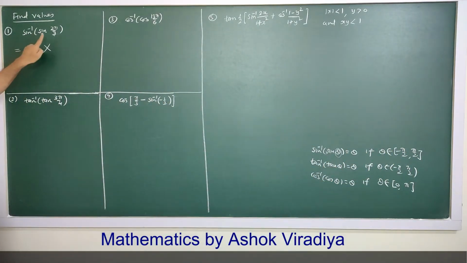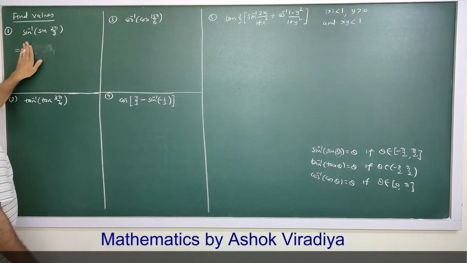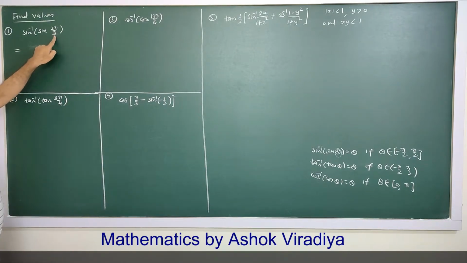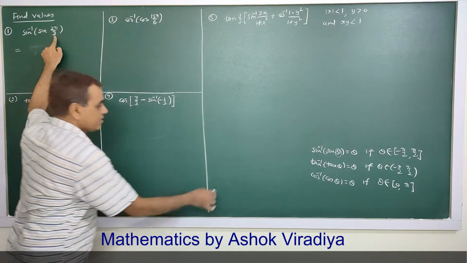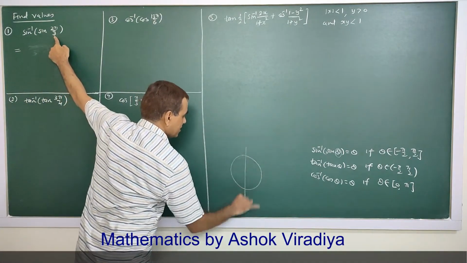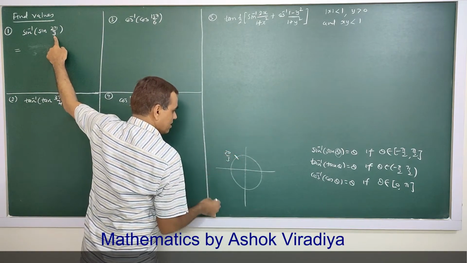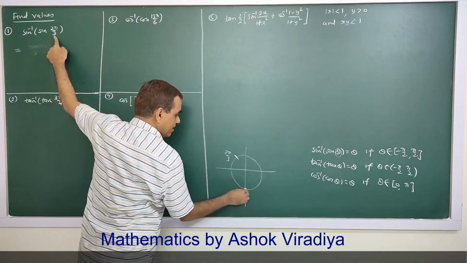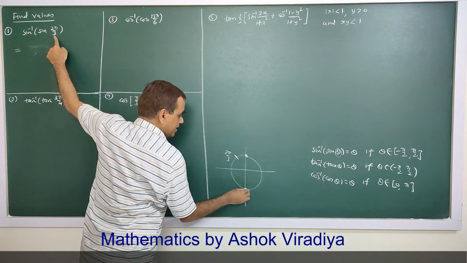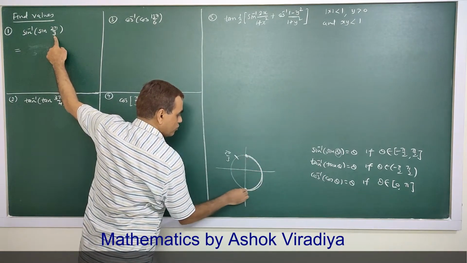But here this number is more than pi by 2. 2 pi by 3 is somewhere here. And according to the requirement, theta should be in this interval minus pi by 2 to pi by 2.